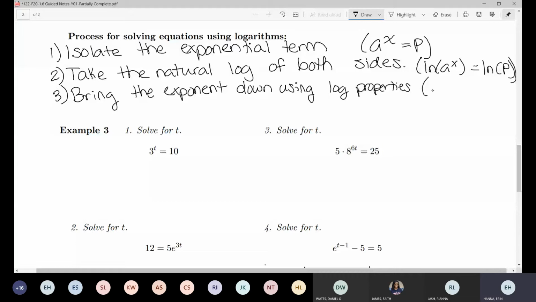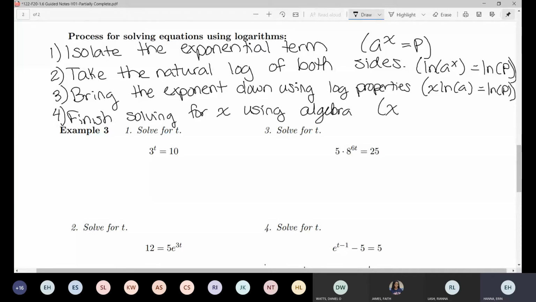Then you'd have something like x ln of a equals ln of p. And then finish solving for x using algebra.